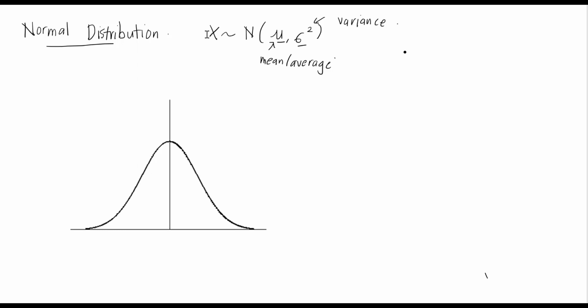So the normal distribution is a bell shape. From this diagram, we can see that our normal distribution is a bell shape, in which x is equal to mu.